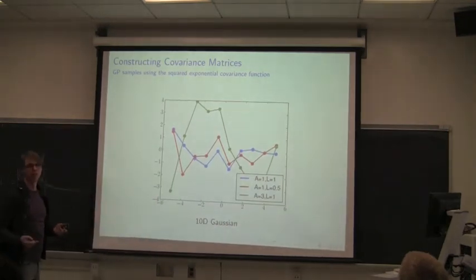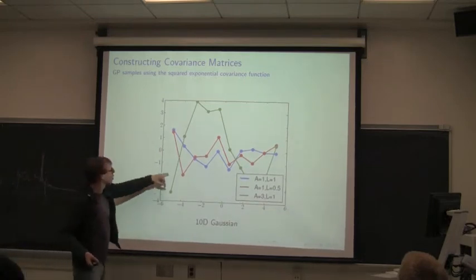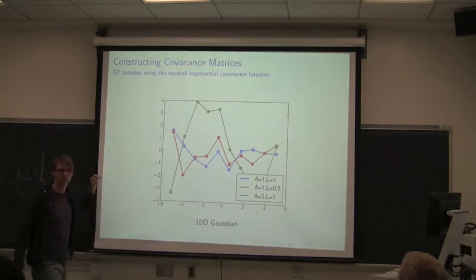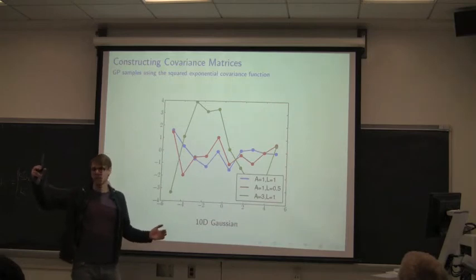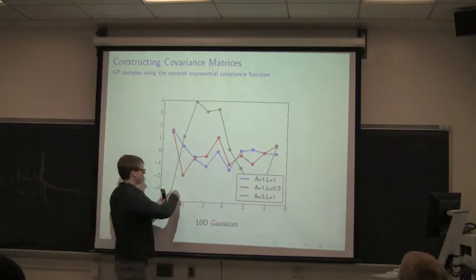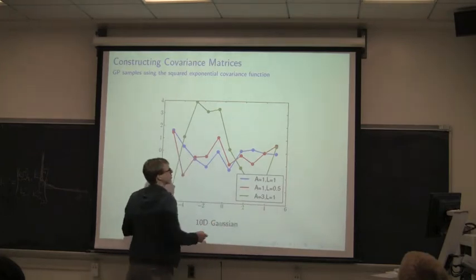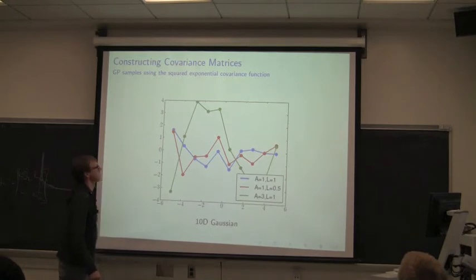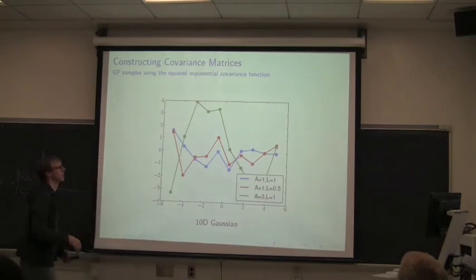But the funny thing is that these covariances are now covariances on the y value. So if you write down this 10 by 10 covariance matrix by evaluating all pairs of these x values with the squared exponential with A equal to 3 and L equal to 1, then we get a joint Gaussian distribution that looks like that. And we now just plot x versus y. That's all we do.